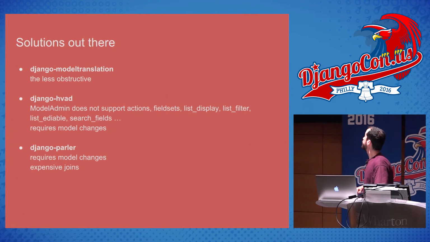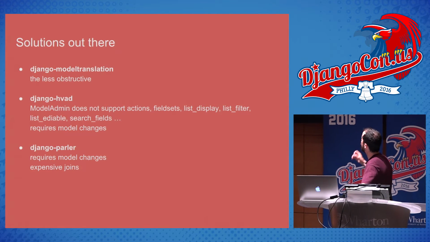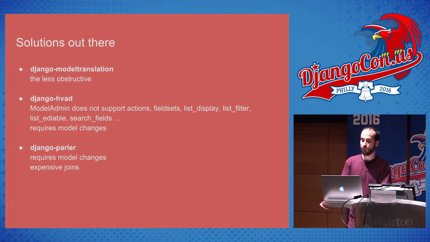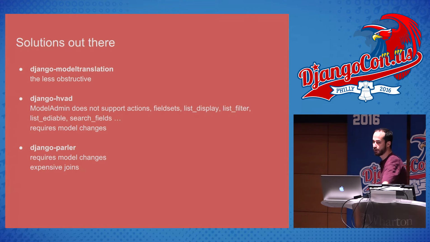There are some solutions out there that you can choose, or maybe you cannot because you don't like them. I will say that the first one is modeltranslation, which is less obtrusive. That means you don't need to edit your models or change anything. It works with a registration approach where you register your fields and that's all about that.